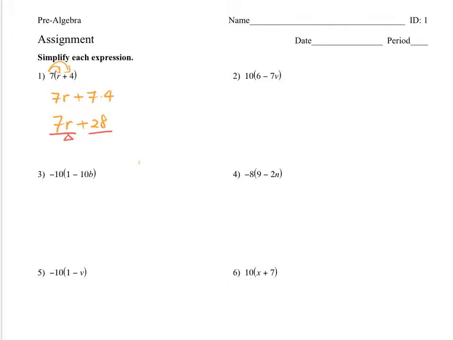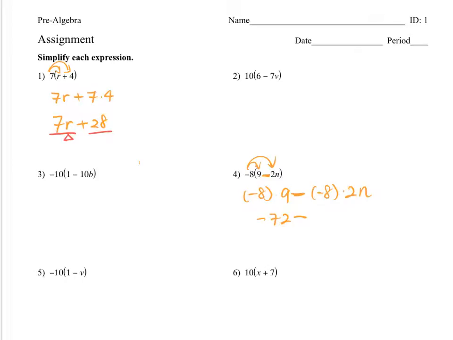I'm going to do another example. I'll do number 4. And again, it's the distributive property, but be careful. I'm distributing -8 times 9 rather than a plus. This time I have a minus. So I do the same thing as minus, then I go back to -8 times 2n. -8 times 9 is -72.